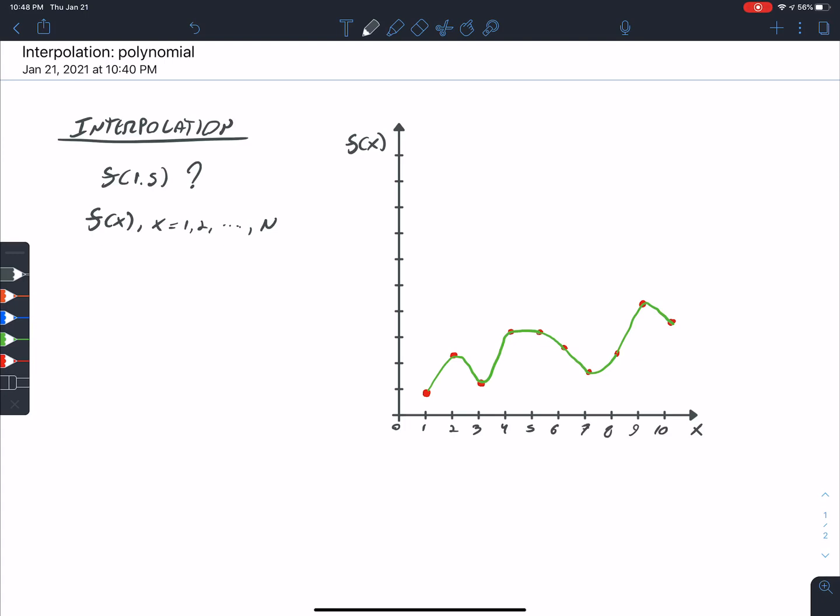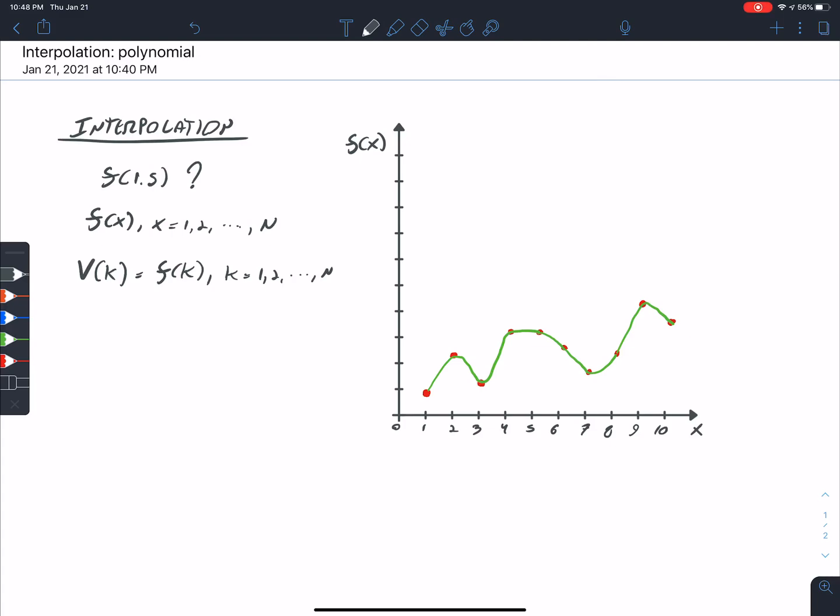So we have 10 measurements, and so we have 10 values for f of x. And we're going to seek some function, which maybe we'll write as v instead, that when I evaluate this v at some k, this will be equal to f of k, where k will be our integer values.